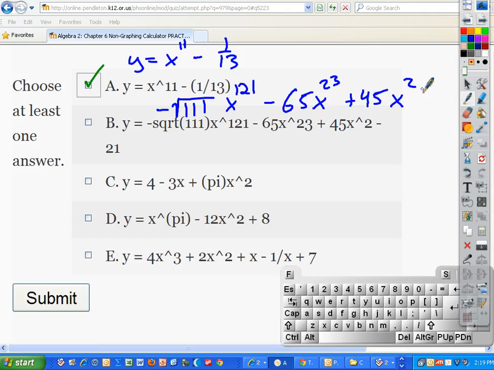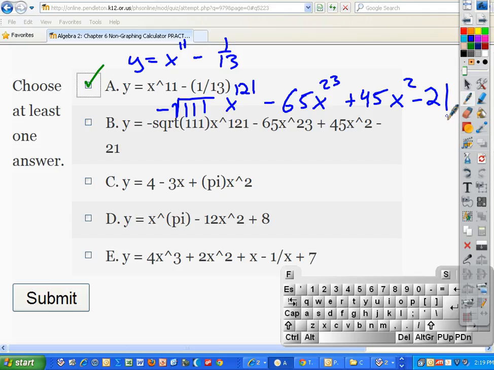How come? Negative 1 over the square root, okay, but it's on the outside, so it doesn't matter. Okay, see the difference. The negative sign can be outside. It's just that if that were inside the radical, if it were a square root of a negative number, then that wouldn't work.